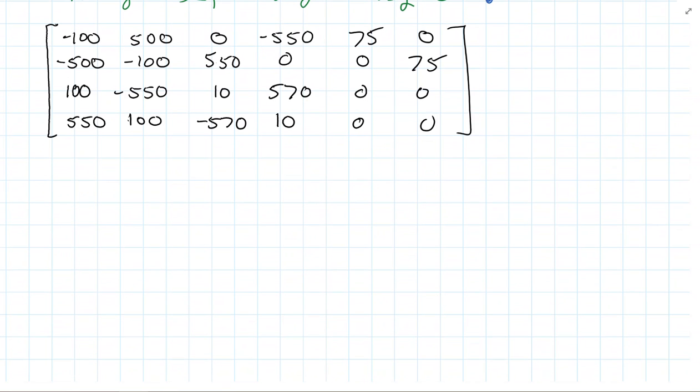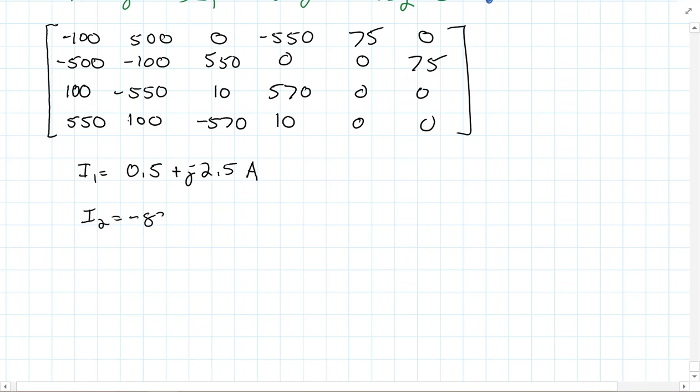Okay, so my calculator gave me that I1 is equal to 0.5 plus j2.5 amps. Now my calculator, and this is why sometimes you have to do something that makes sense, gave me that I2 was negative 83.3 repeating times 10 to the negative 15th plus j2.5.